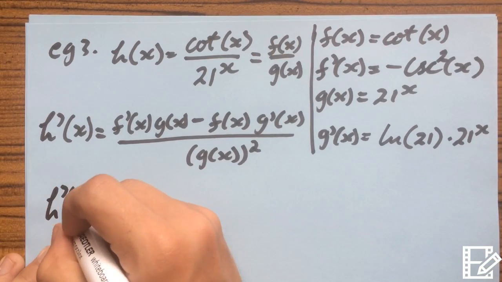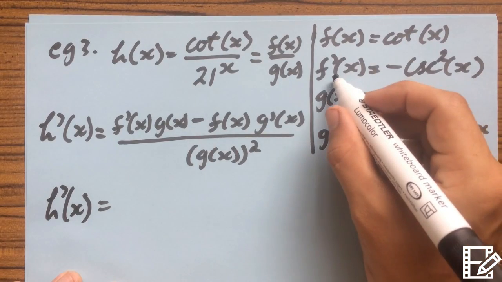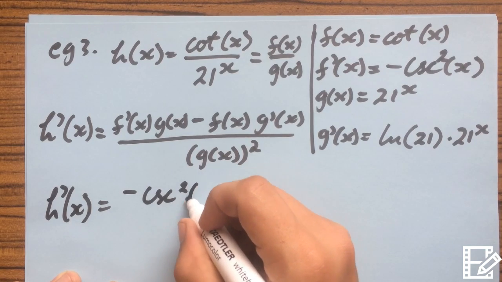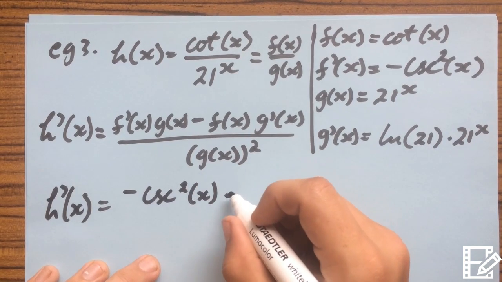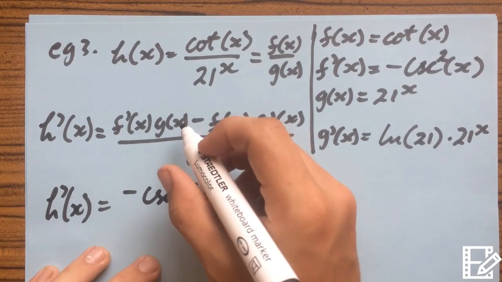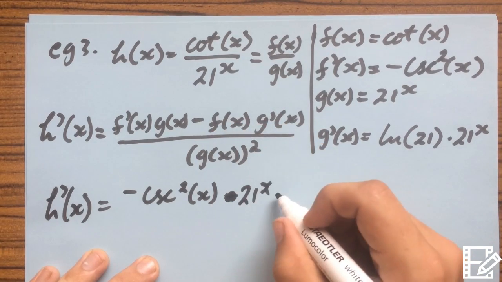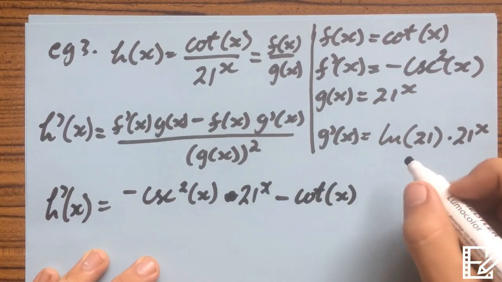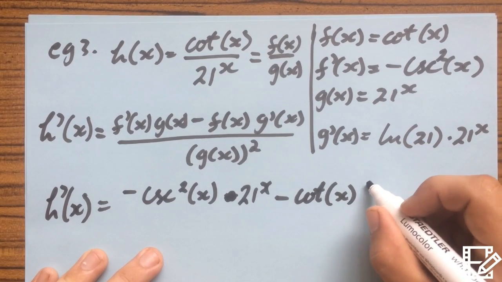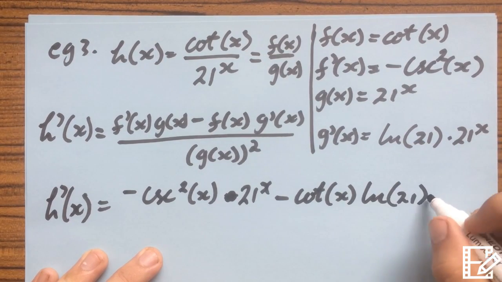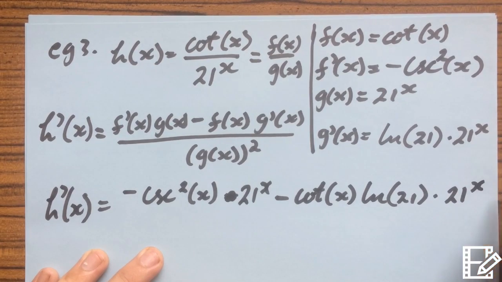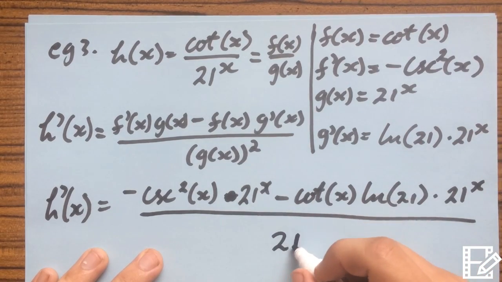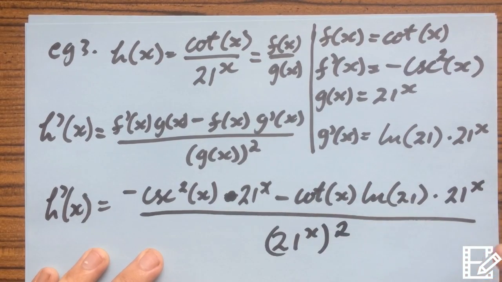If we fill this in, derivative of f(x), negative cosec squared of x, multiplied by g(x), 21^x, minus f(x), cot x, multiplied by the derivative of g(x), ln 21 multiplied by 21 to the power of x, all over g(x) squared, g(x) being 21^x squared.